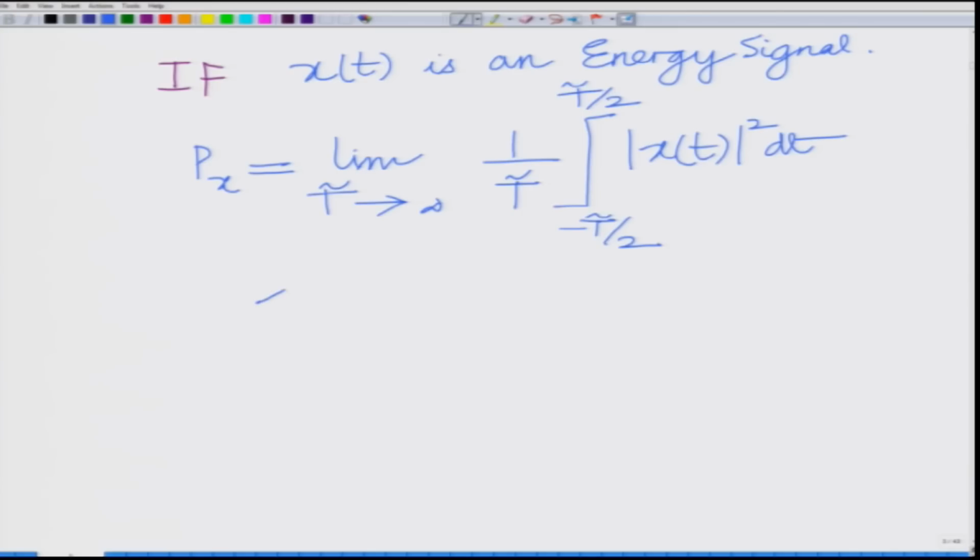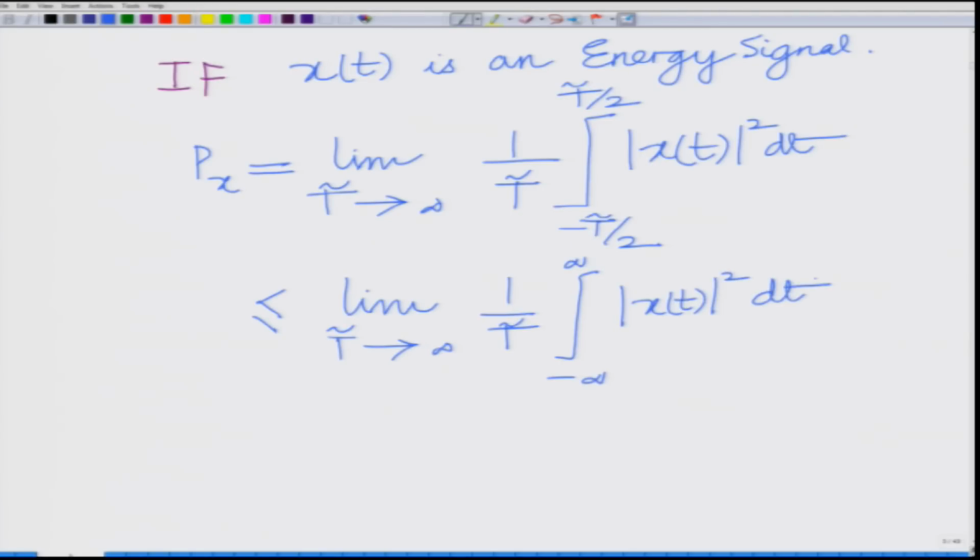Therefore, observe that this is less than or equal to the limit as t tilde tending to infinity of 1 over t tilde times the integral from minus infinity to infinity of magnitude x(t) square dt. Now, observe that this quantity is simply the energy of a signal, which is finite, because this is an energy signal.